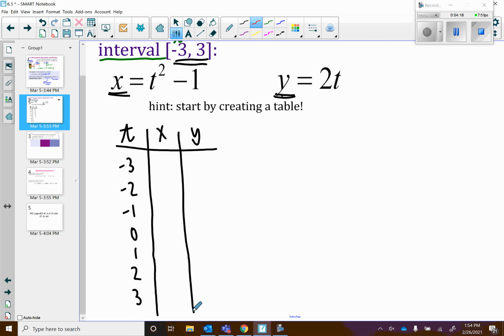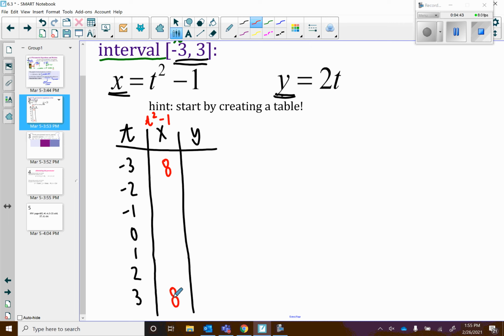And then I am going to plug in those values for x, which in this case, x is t squared minus 1. So let's start there. -3 squared is 9. 9 minus 1 is 8. And because I'm squaring it, I also know that the +3 version is going to be 8, right? 3 squared is 9, minus 1 is also 8.